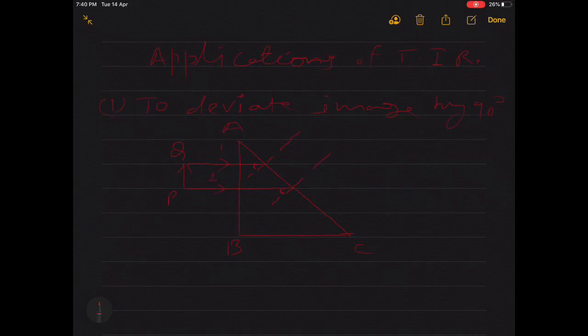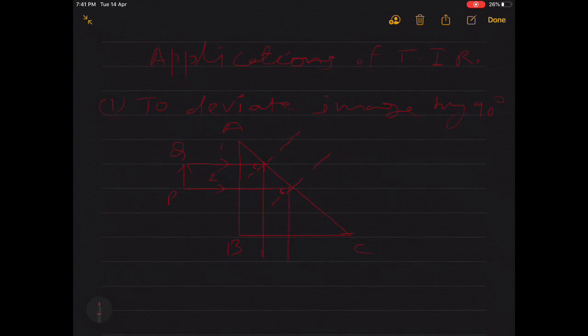So these two rays will undergo total internal reflection with the angle 90 degree, like this.